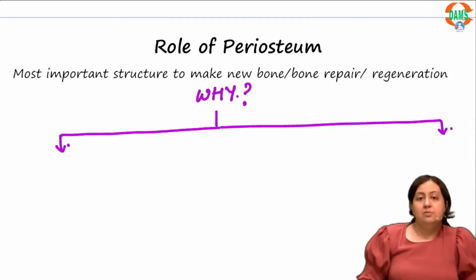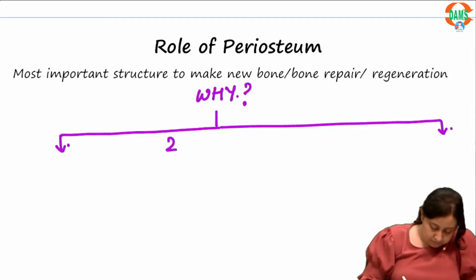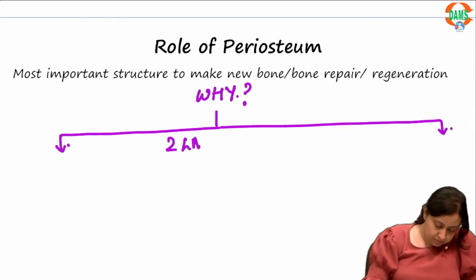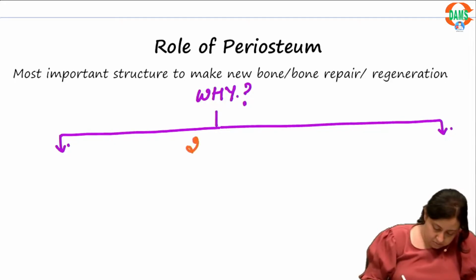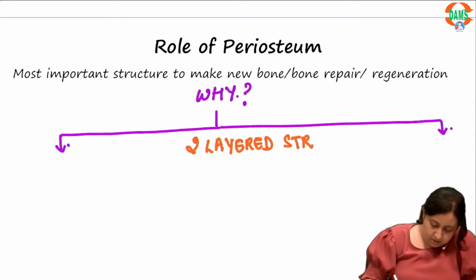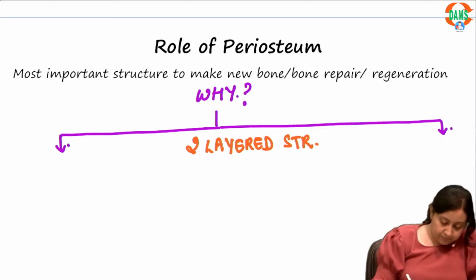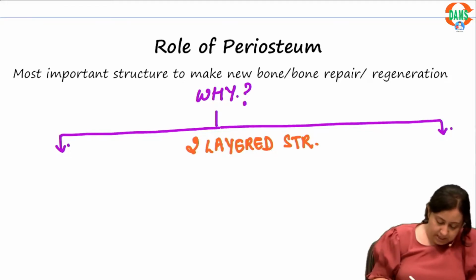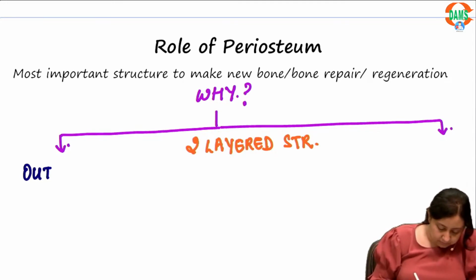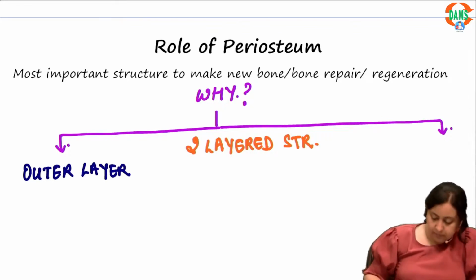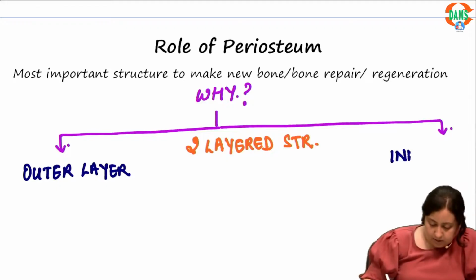Because periosteum is a two-layered structure. It has an outer layer and an inner layer.